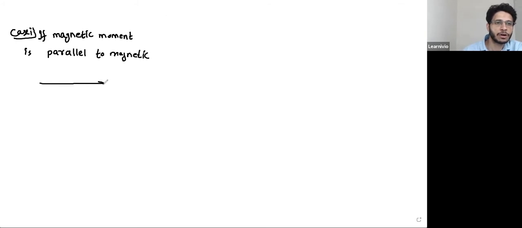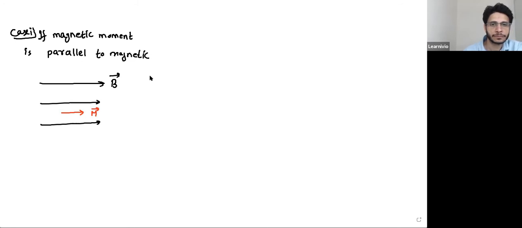What is the value of alpha here? This is magnetic field, and I'm saying this is magnetic moment. If M is parallel to B, that means your alpha is 0 degree.